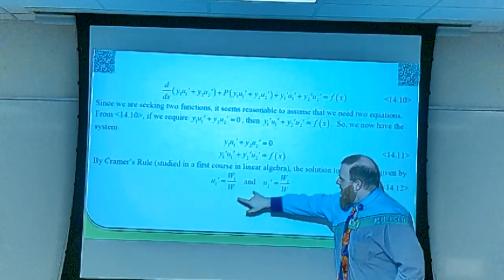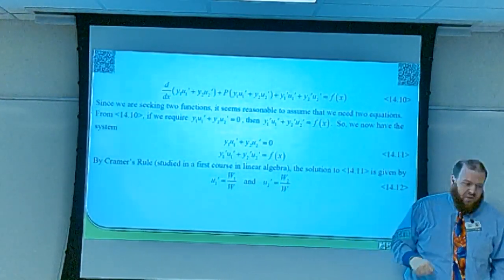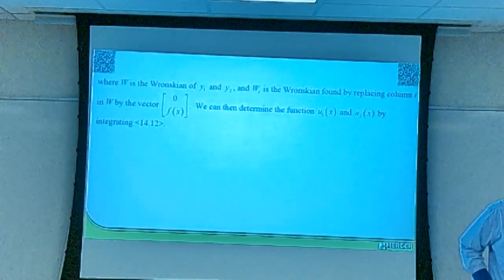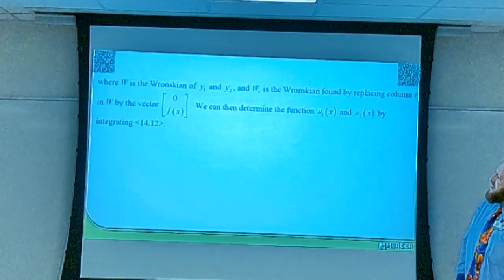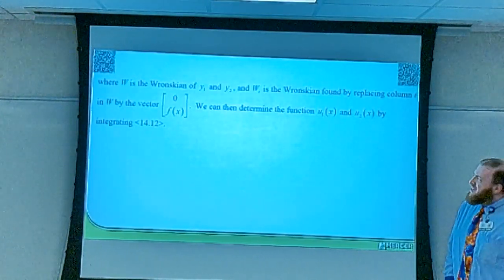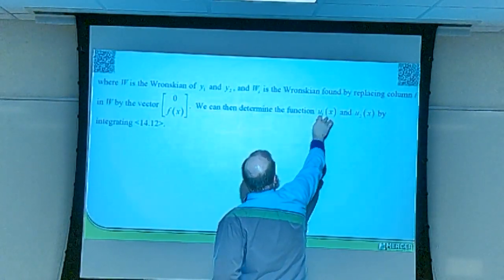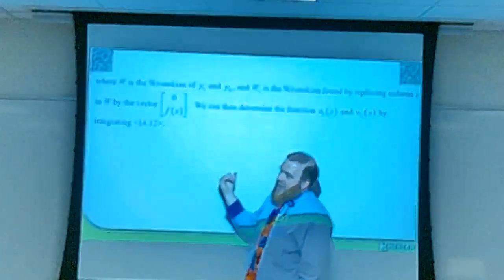Cramer's rule is going to give us u1 prime and u2 prime as w1 over w and w2 over w, where w is the Wronskian of y1 and y2. wi is the Wronskian found by replacing the ith column with 0, f of x.